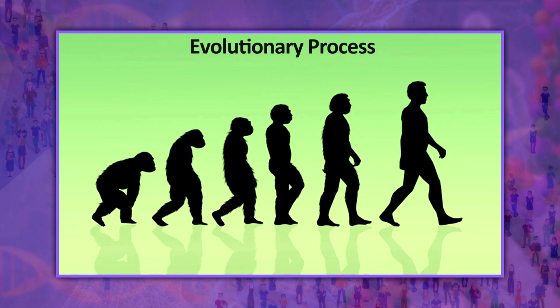Number 4, mating must be random in the population. And the 5th is that natural selection must not occur to alter gene frequencies. The conditions required for genetic equilibrium are idealized, as we do not see them all occurring at once in nature. As such, evolution does happen in populations.